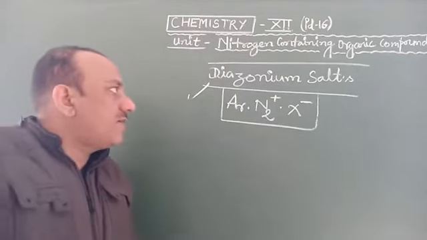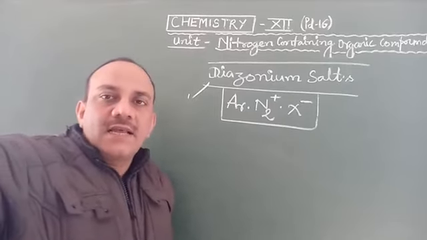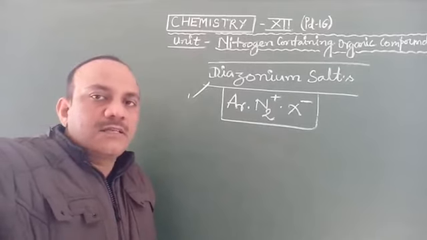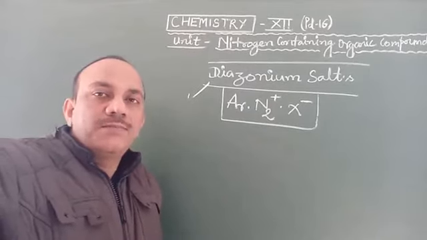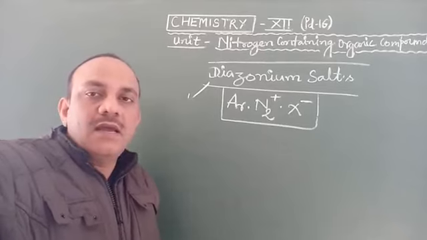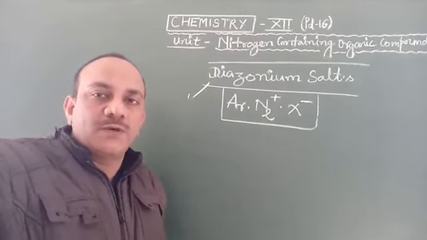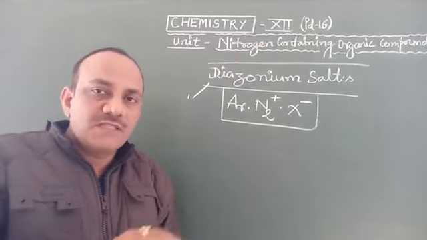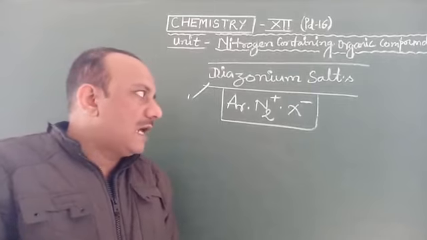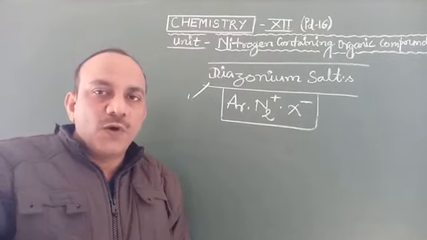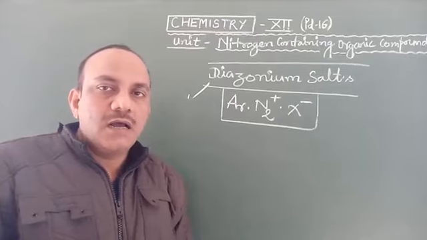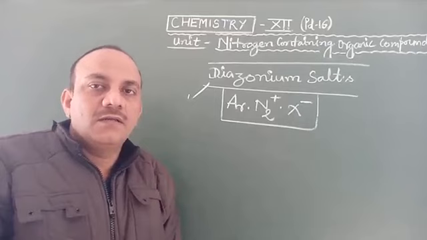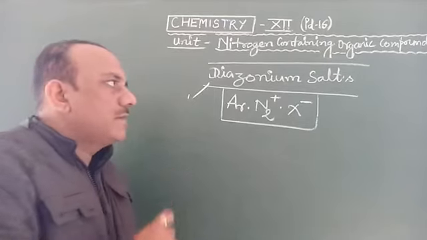For the formation of diazonium salts, if an aromatic amine reacts with hydrochloric acid and sodium nitrite, NaNO2, in a cold atmosphere, near about 0 to 5 degrees Celsius, a very low temperature, in an ice frozen solution, it reacts to form diazonium salts.